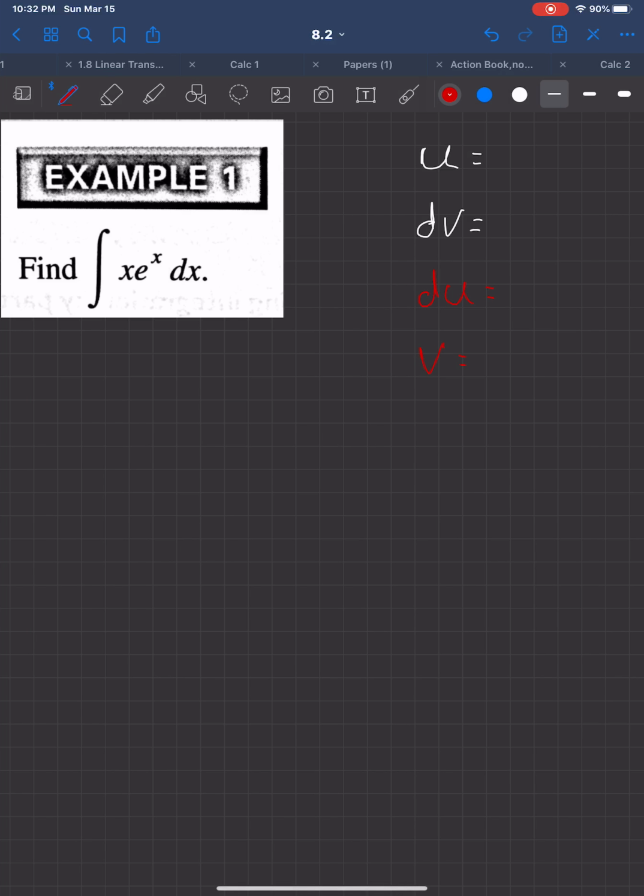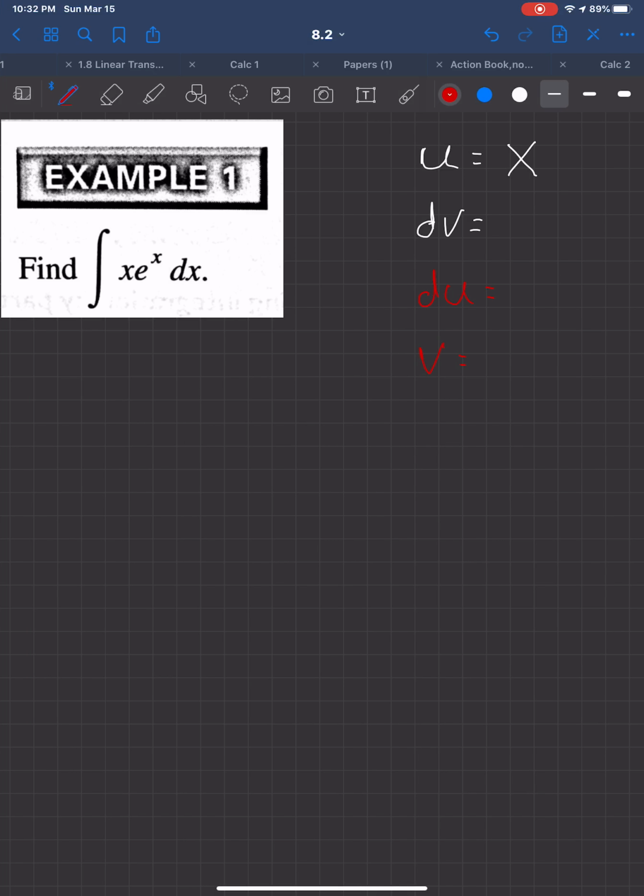Okay? So at this stage, notice that what you have control over is how you would like to define u and how you would like to define dv. So again, no explanation on how I knew to choose what I'm about to choose. I just want to show you the technique. So I'm going to let u be x, and I'm going to let dv be what's left.